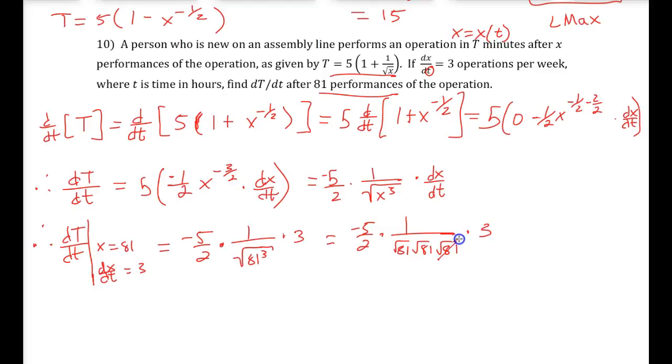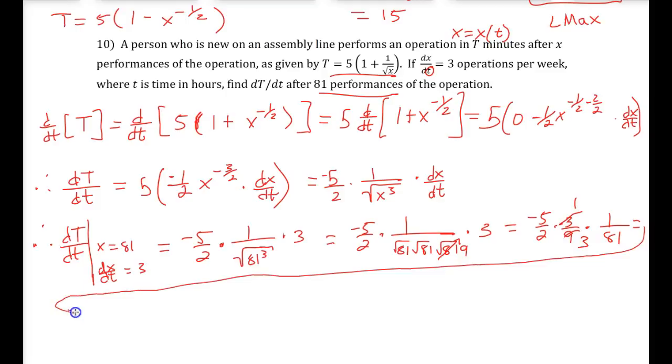We know that the square root of 81 is just 9. And from there, this is just 5/2 times 3 over 9 times 1 over 81, because the square root of 81 times itself is just 81. This will reduce to 1/3.